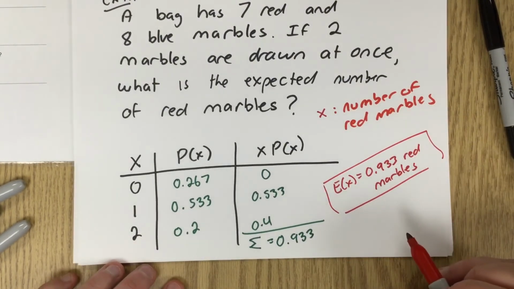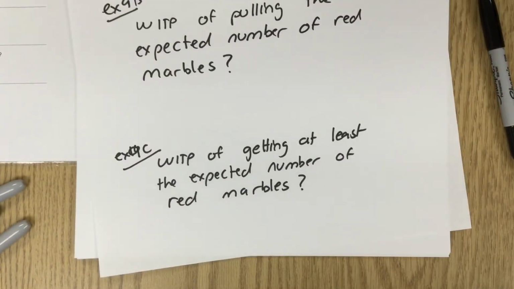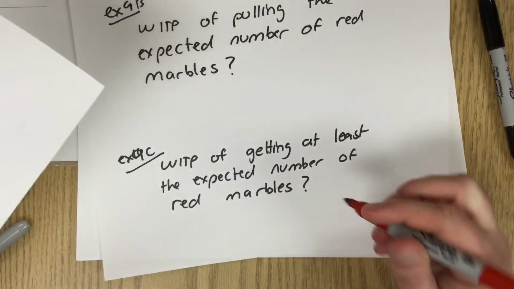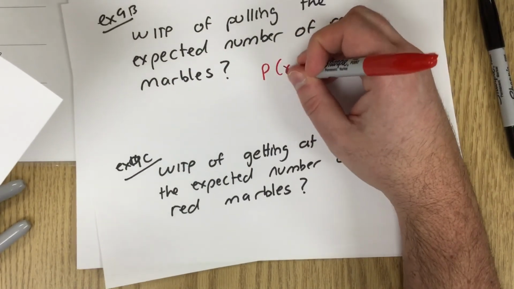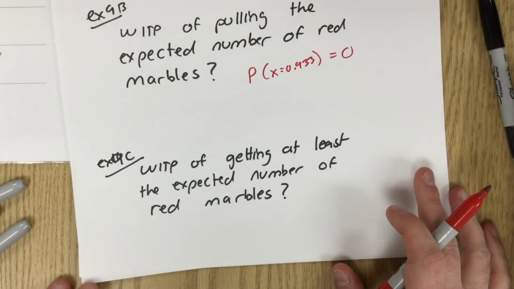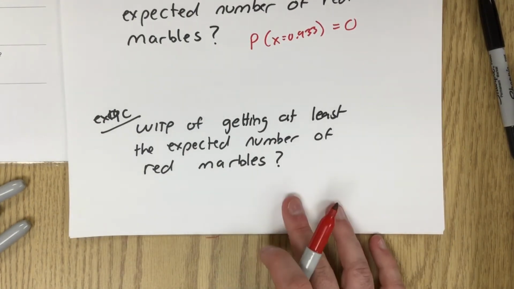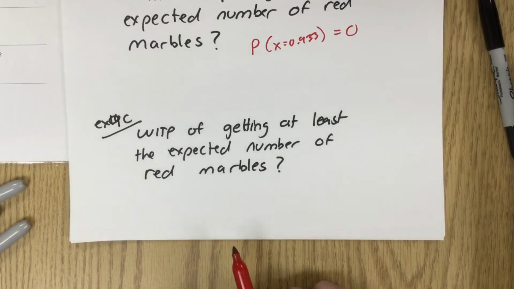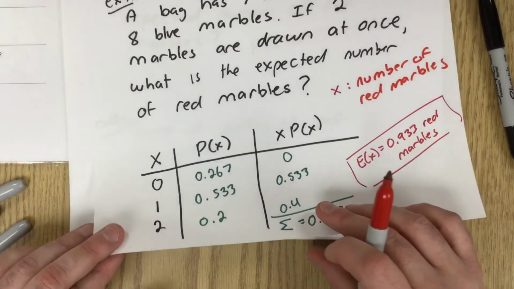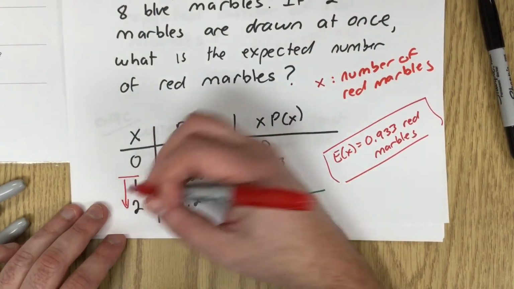That's the expectation. So for example, if I said, what is the probability of pulling the expected number of red marbles? So what's the probability of pulling 0.933 red marbles? The probability that x is 0.933 is, of course, 0. There is no chance. You're not going to pull 0.933 of a marble. But a different question, what if I said, what is the probability of getting at least the expected number of red marbles? So we expect to get 0.933, and we want to get at least that, so that or more.